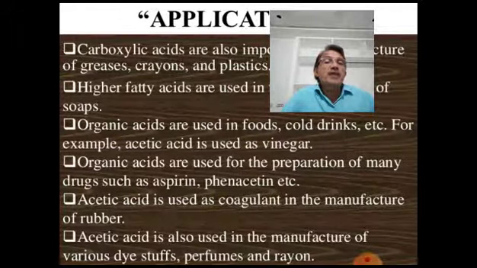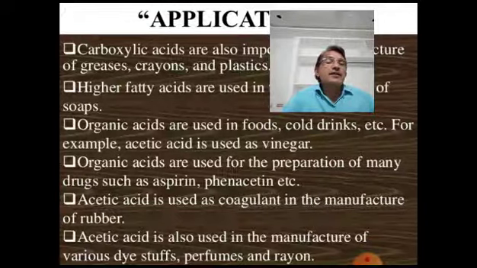By using acetic acid, we can do the esterification process. During esterification, we get an ester, because when acetic acid is treated with ethyl alcohol in the presence of a mineral acid like concentrated H2SO4, it gives ethyl acetate.